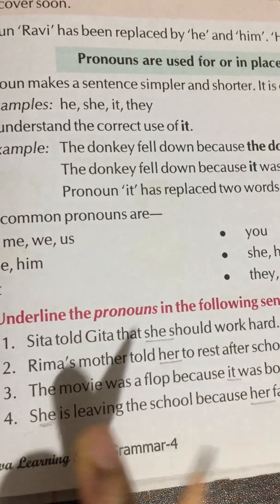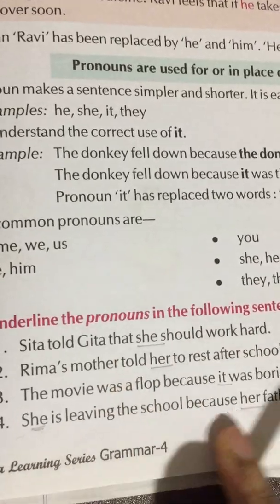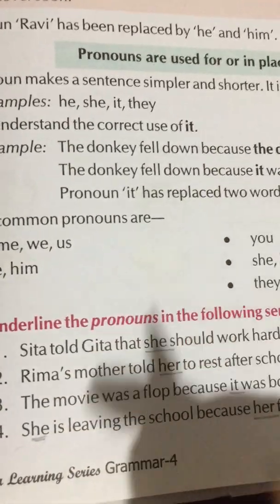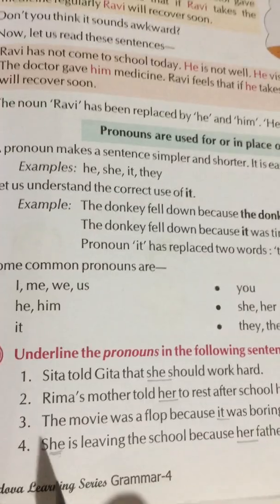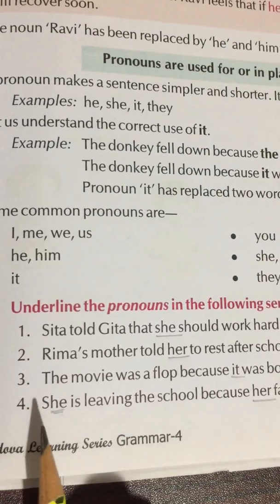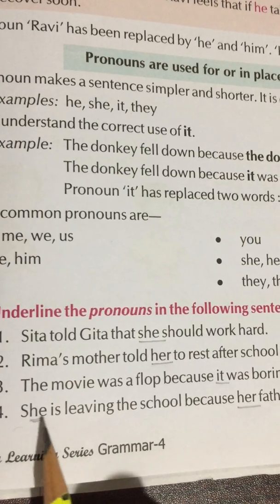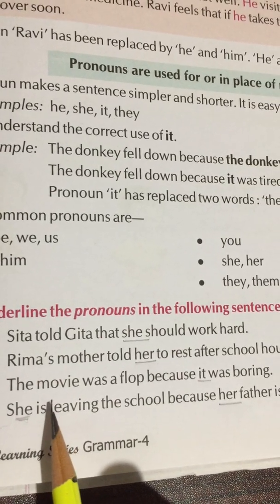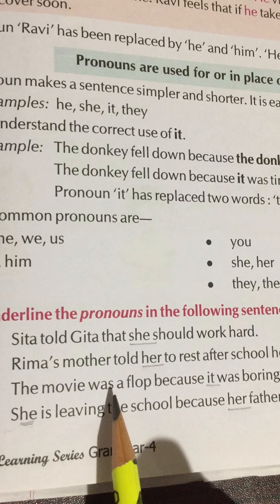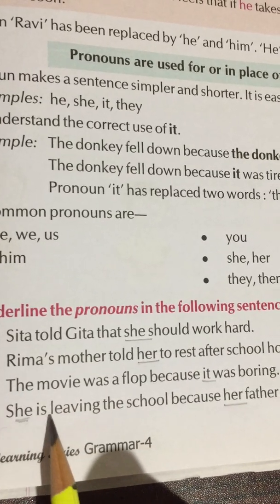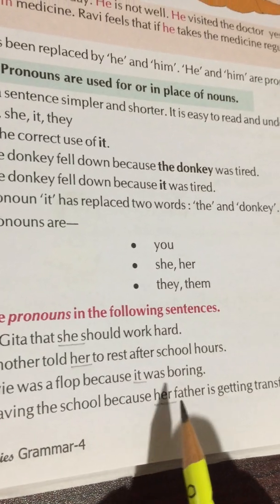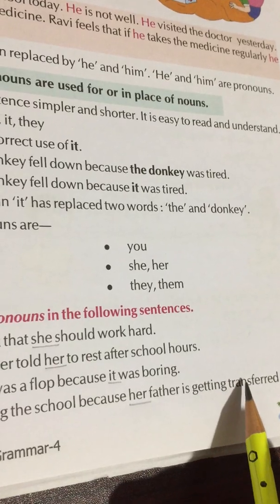Okay, now let me explain this sentence a little bit more. If I say Meena has taken a transfer certificate. She is leaving the school because her father is getting transferred.